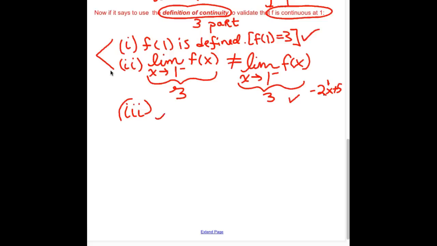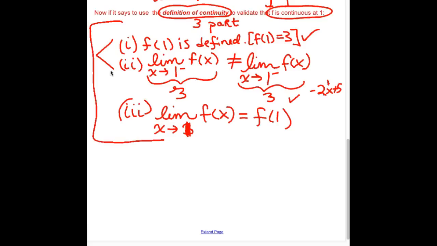How do I write that? I say the limit as x approaches 1 from both sides of the function. Sorry, I was saying 3. I have 3's on the brain. The limit as I approach 1 from both sides of the function actually equaled f of 1. They were both 3. So again, the common sense is easy.